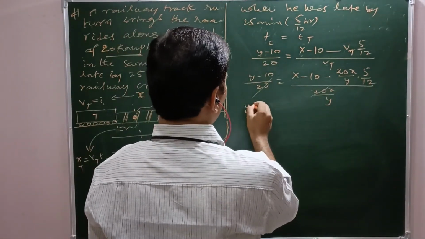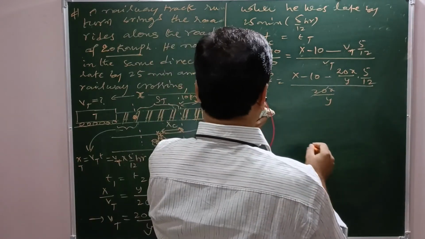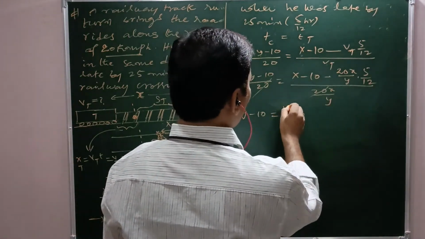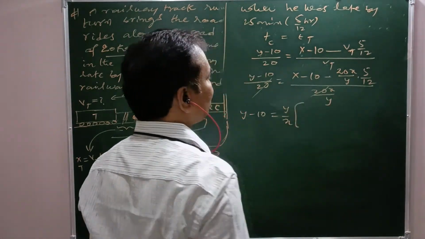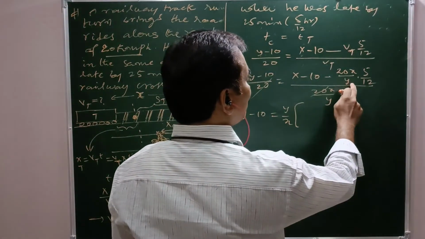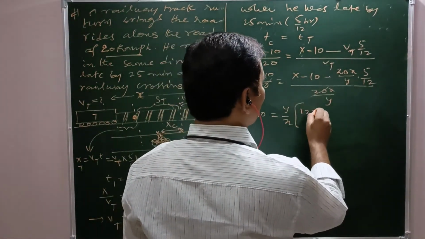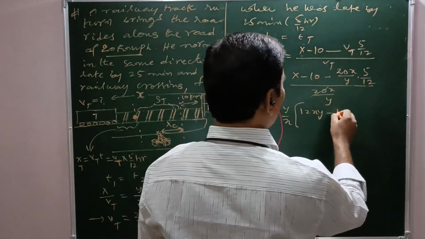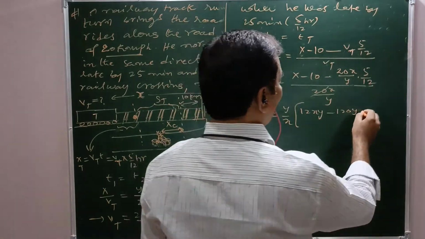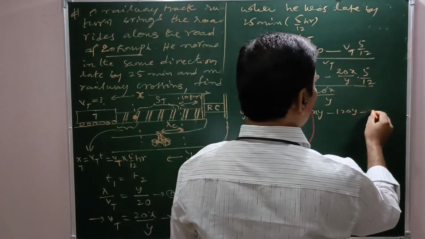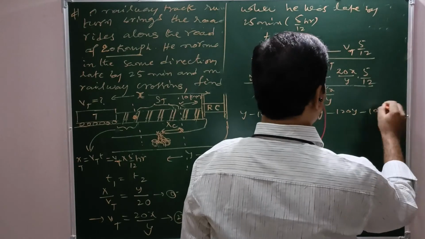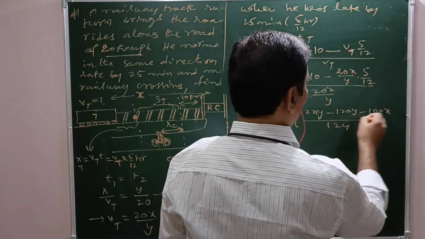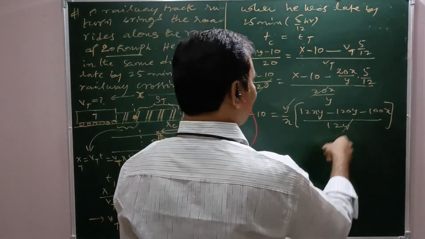That is y minus 10 equal to y by x whole into, taking LCM 12y, 12y into x, that is 12xy, minus 12y into 10, that is 120y, minus 20 into 5, that is 100 into x, whole divided by 12y. Am I right? So again y gets cancelled.